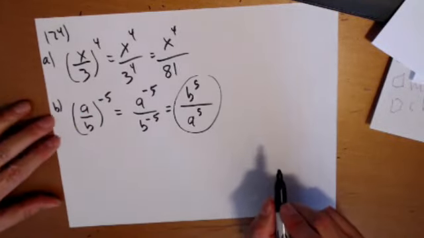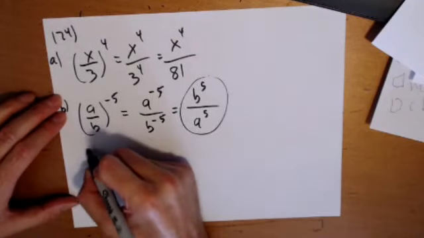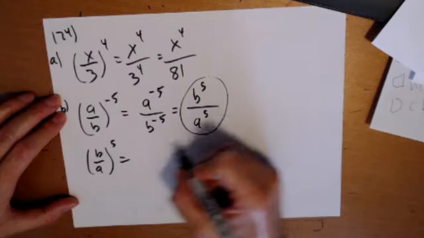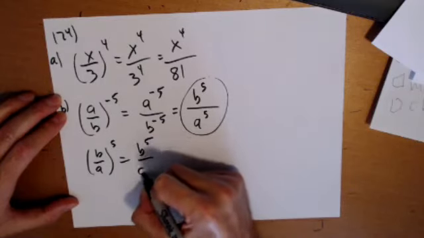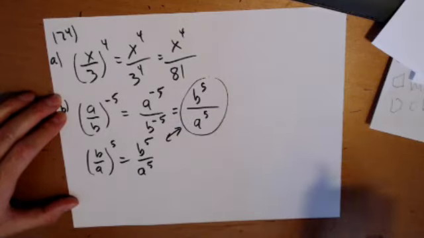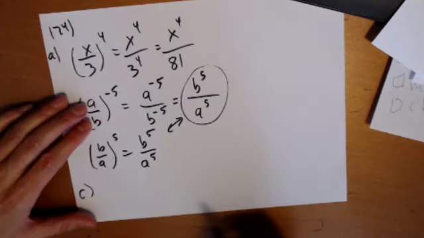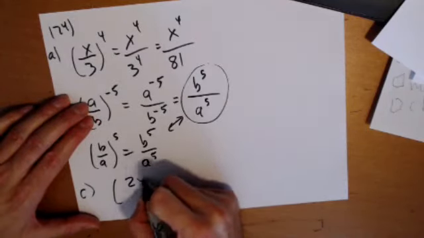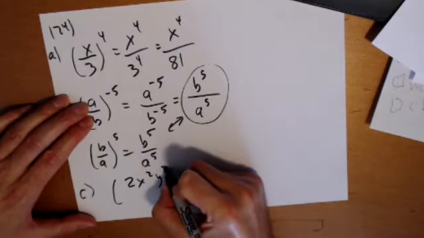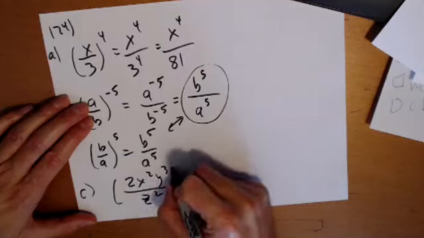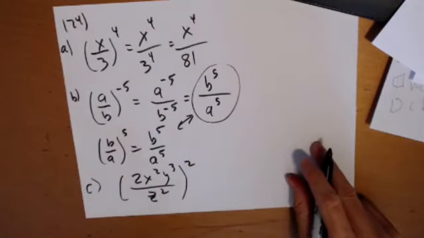This might be too fancy, feel free to ignore me. Let me flip that over. So this just becomes b over a to the positive 5, which is just b to the 5th over a to the 5th. Same.